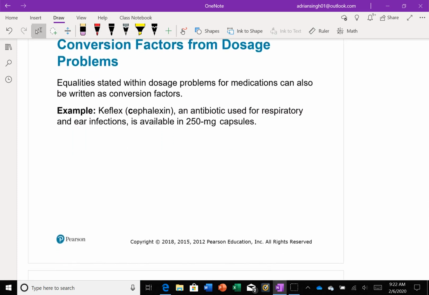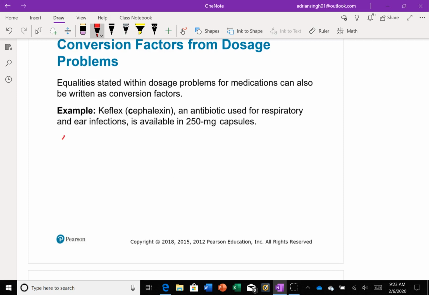All right, and then one more. We're told here that Keflex, an antibiotic used for respiratory and ear infections, is available in 250 milligram capsules. All right, so in this case, we have our antibiotic medication that's given to us.